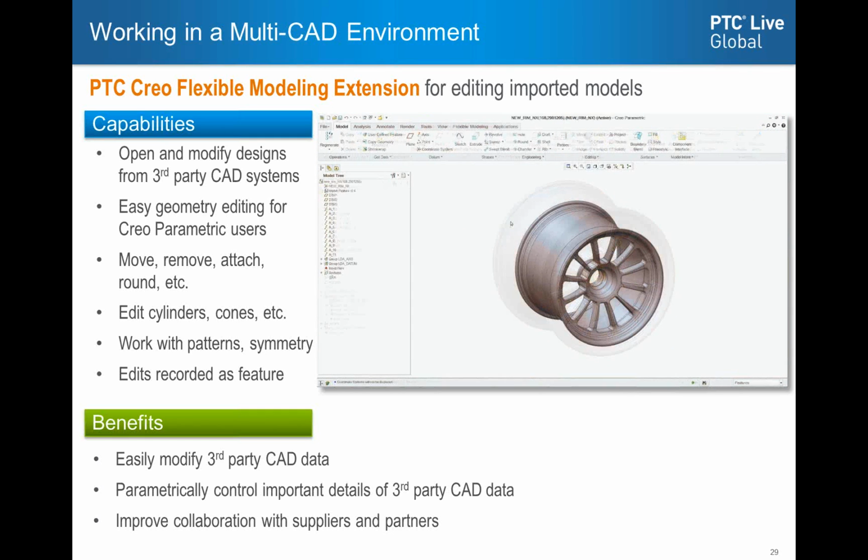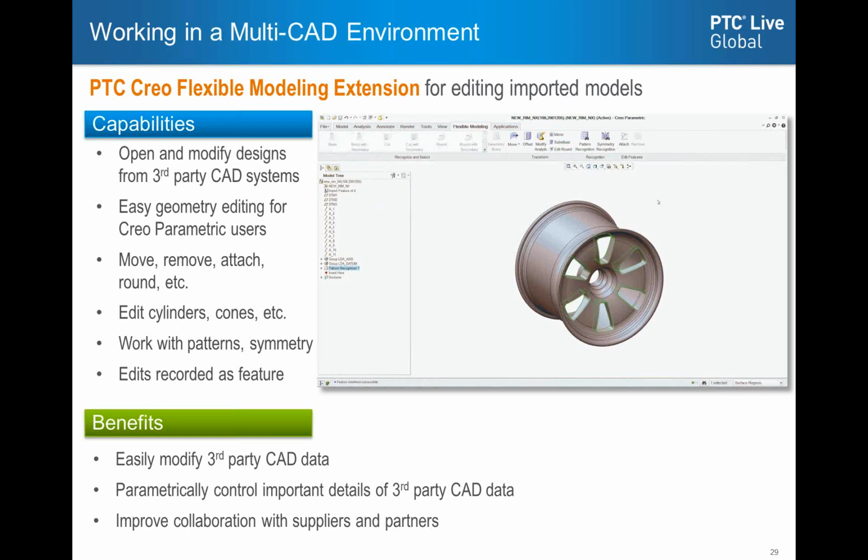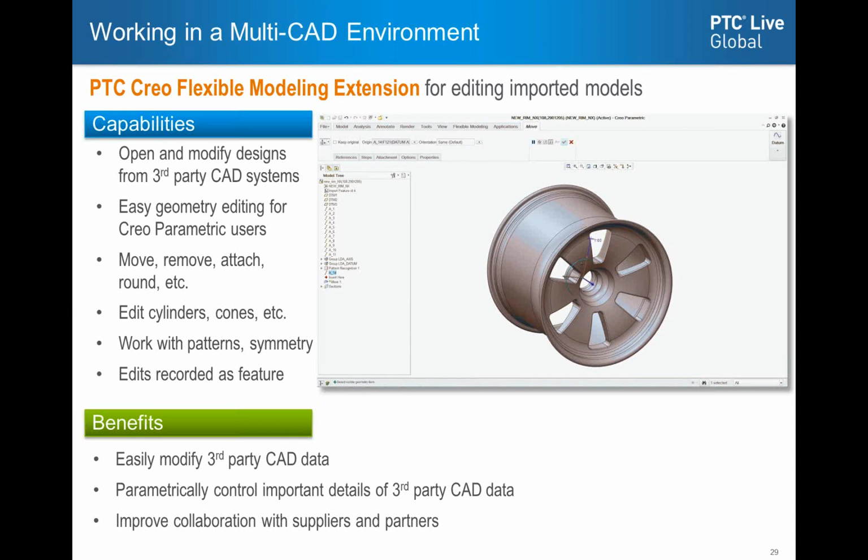Another example is here with this wheel rim. This again is an imported feature that came from NX, but I want to make some changes to it. I want to change the number of spokes. So again, I can use flexible modeling to recognize certain sets of geometry in it. In this case, I've recognized the pattern, and I've changed the pattern to 6 instances.